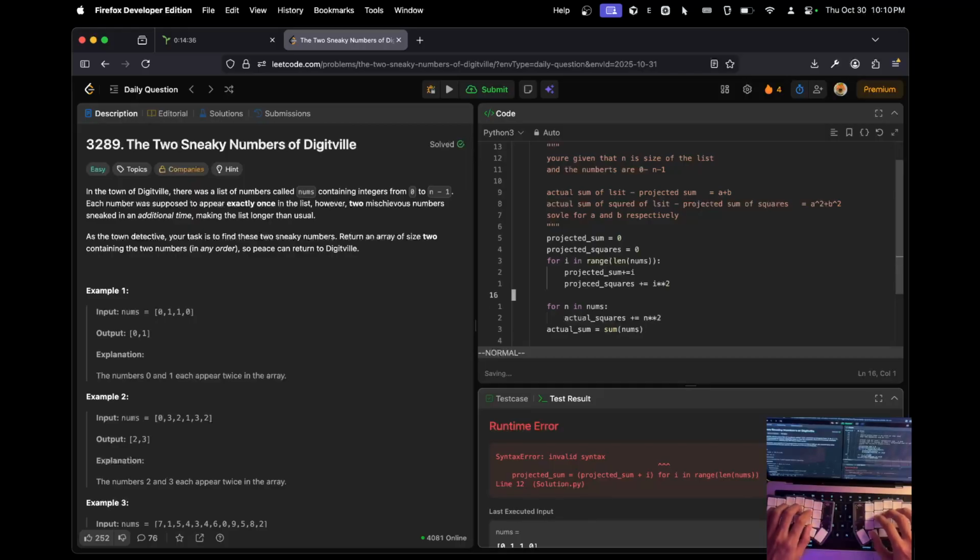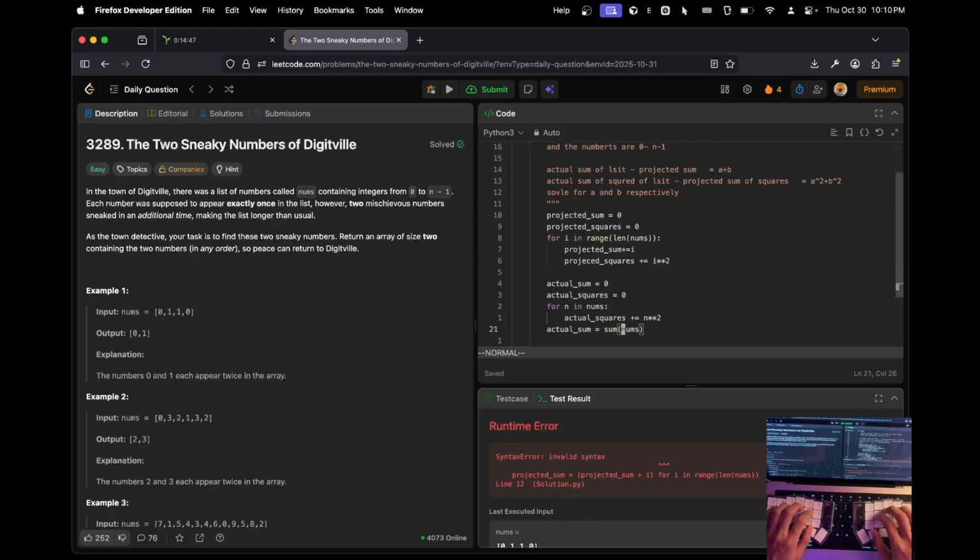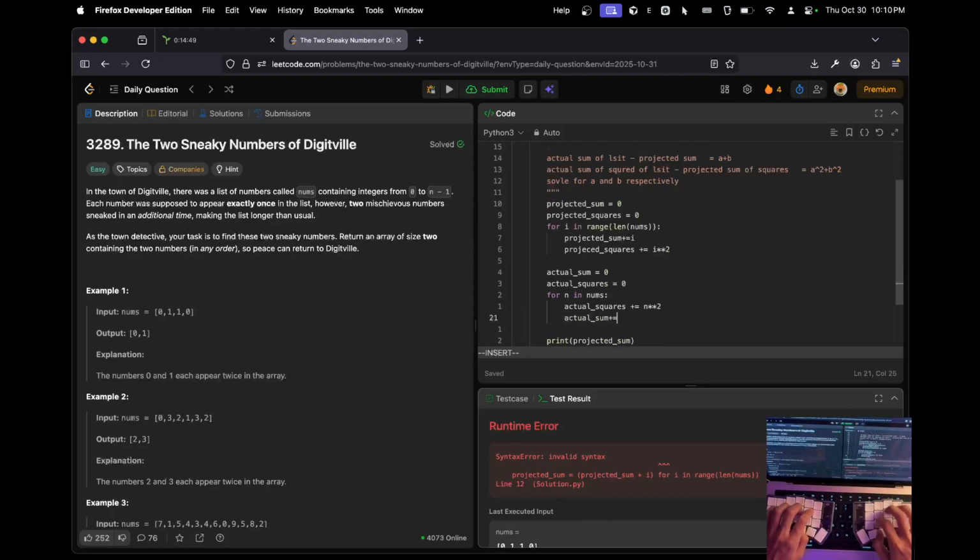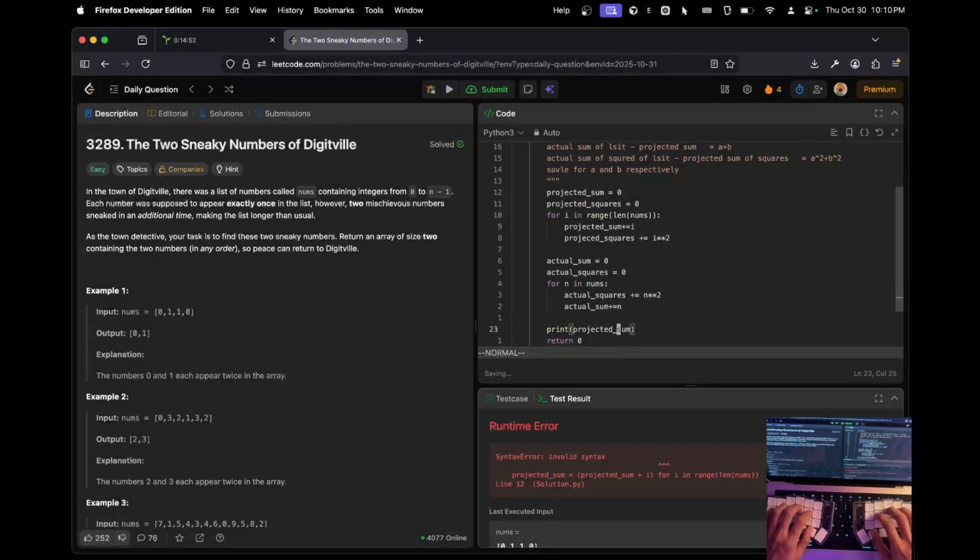Might be a little bit nicer to just include the actual sum in here too. Make sure that we print everything which is expected.